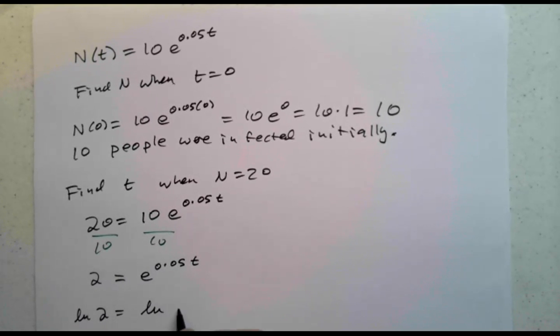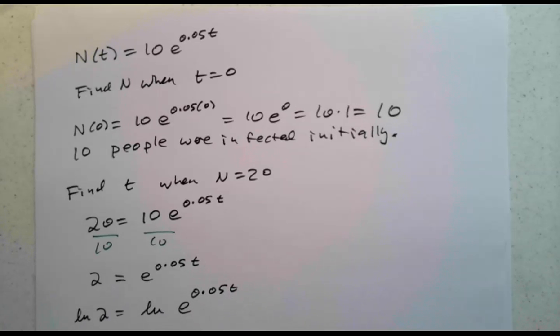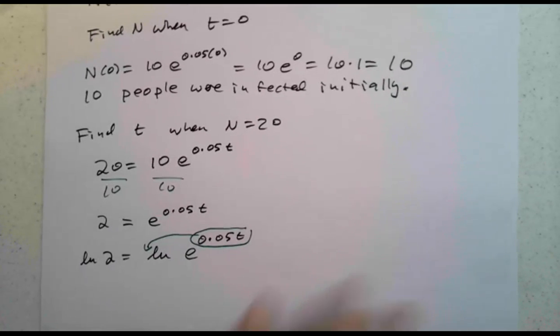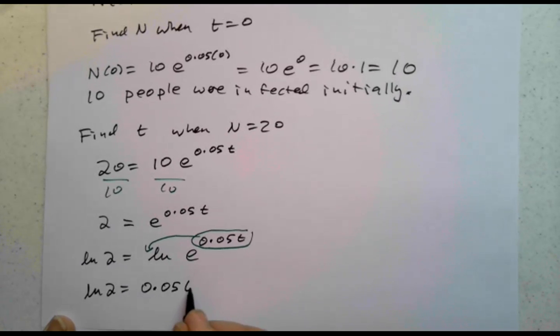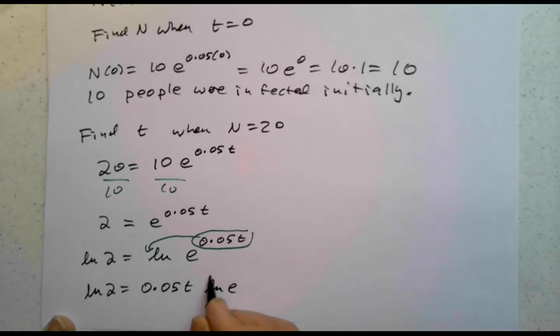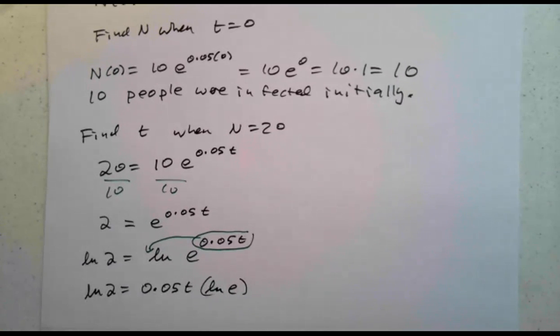Natural log 2 equals natural log e to the 0.05 t. And we know that the exponent can come down. So our next line will be natural log 2 equals 0.05 t times the natural log of e, but the natural log of e is just 1.